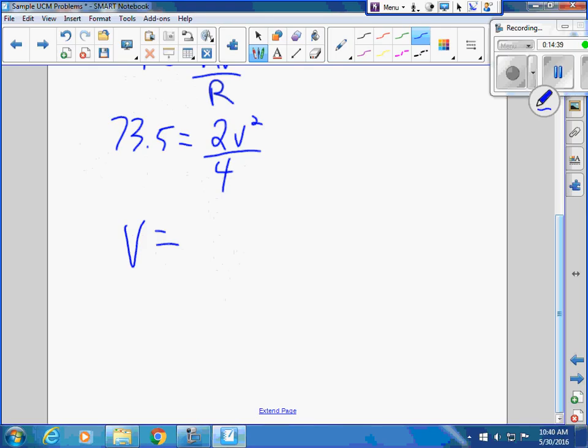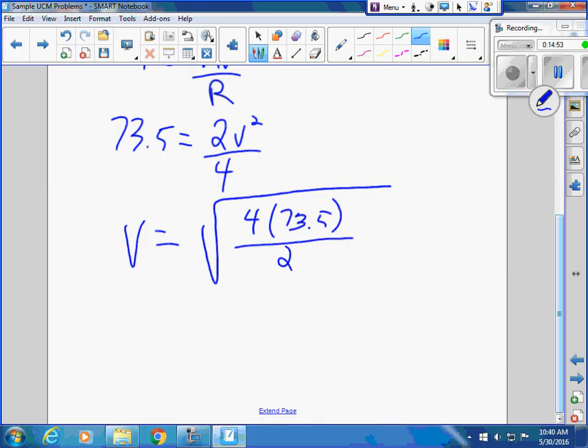2 over 4 is 0.5. Divide both sides by 0.5. Take the square root. Maybe I'll write it out. So it's going to be 4 times 73.5 divided by 2. Take the square root. You try it on your calculators.